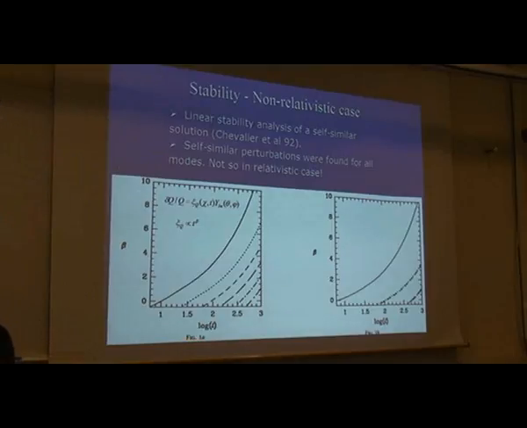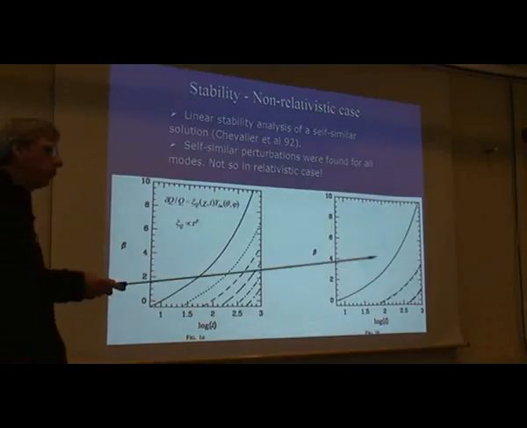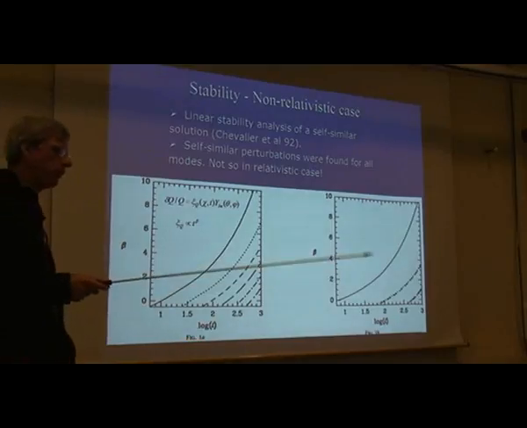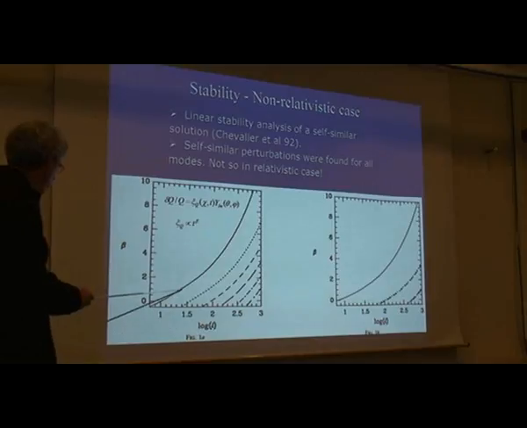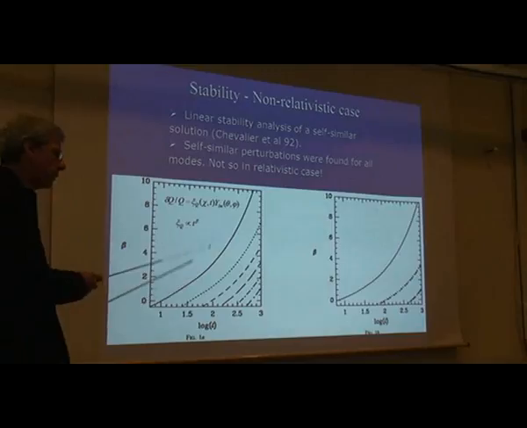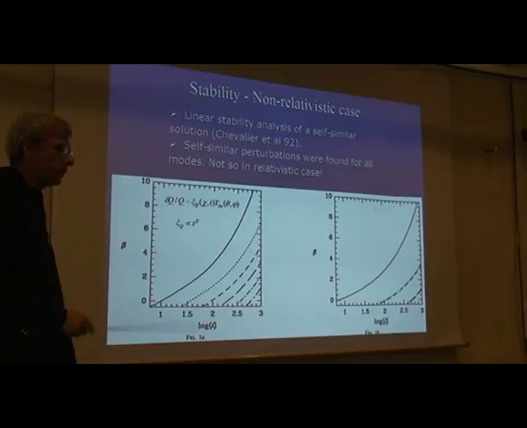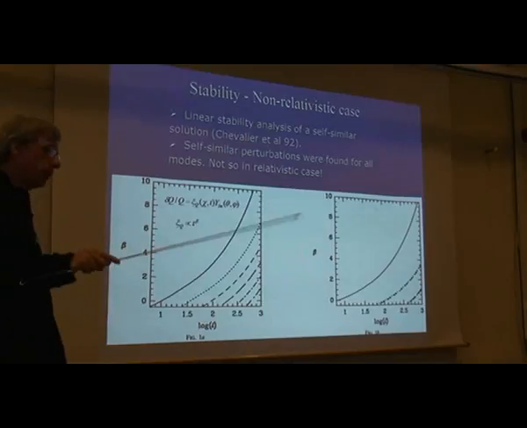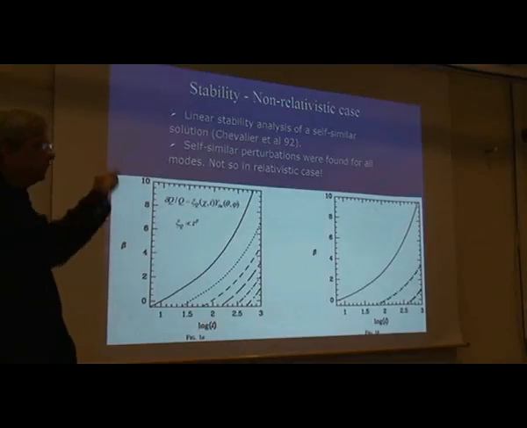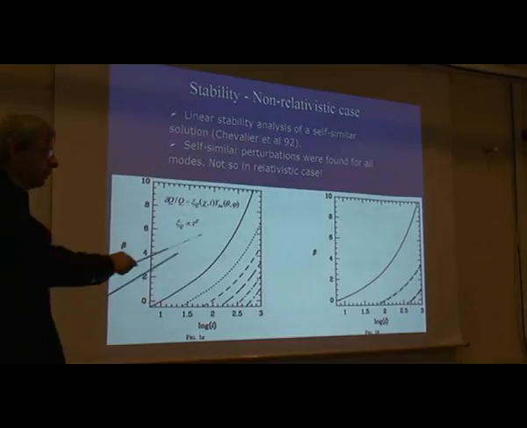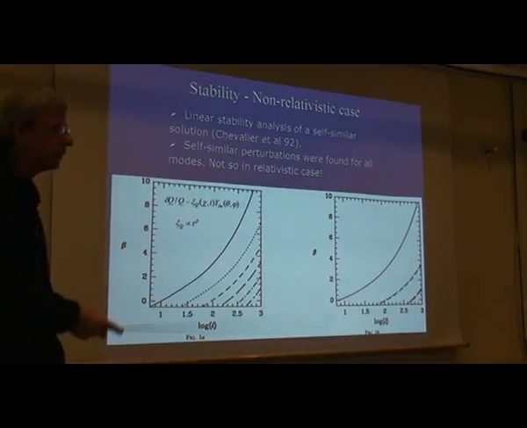But if you put a hot, high entropy shell, it would be stable. No, if it's cold, it's unstable. No, it depends on the density profile of the unshocked ejecta. I'll show you the realistic case, but the dynamics depends also on the density profile of the unshocked ejecta. So they actually have cases where it's cold and it's stable.